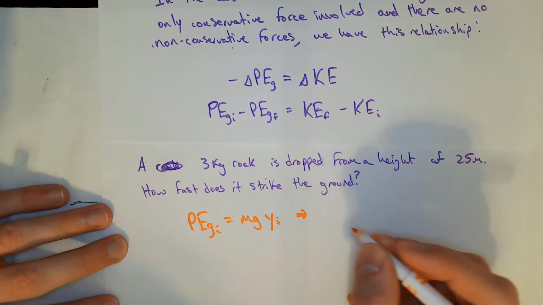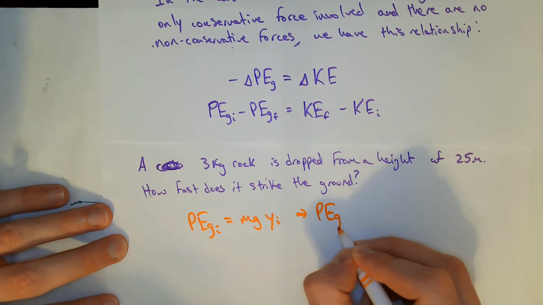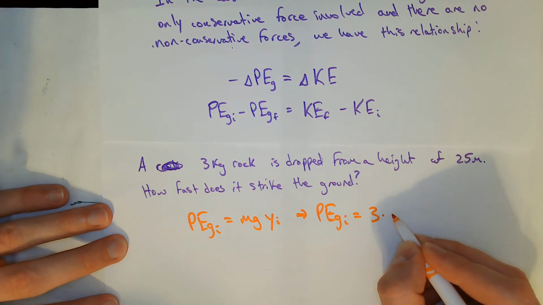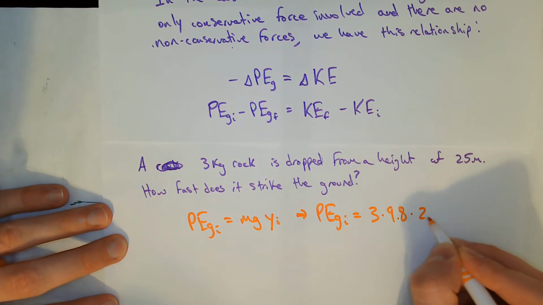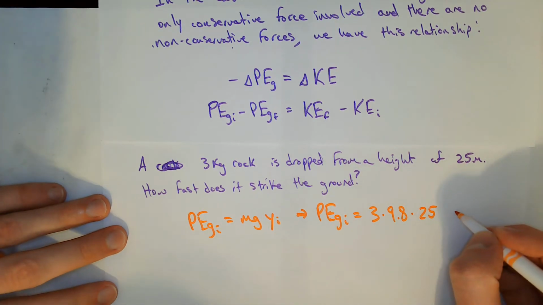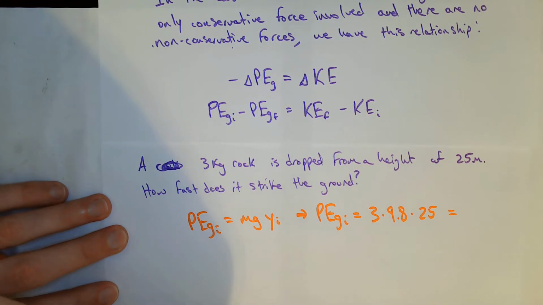So I'm getting that PEG initial is equal to 3 times 9.8 times 25, because my initial height is 25. My last height when it strikes the ground is going to be 0, right?